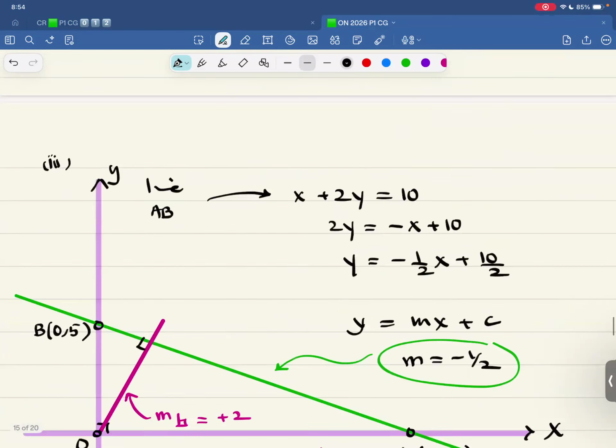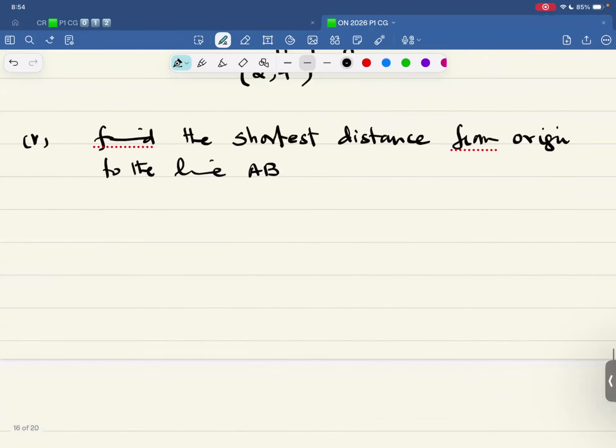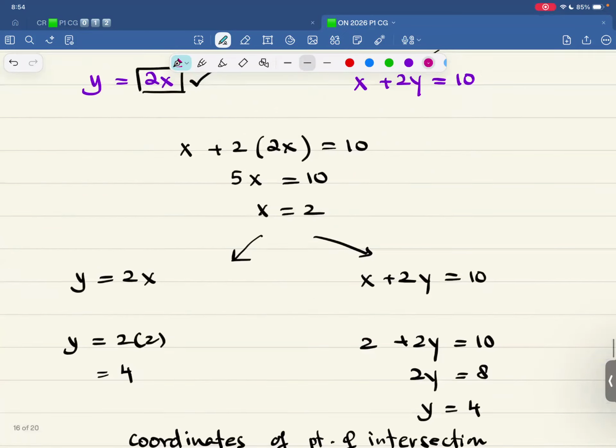So over here, this is O, this is A, this is B, and let's call the intersection C. The shortest distance is the perpendicular distance, which in this case is OC. Got the idea? We have already done the working. If they had asked for part 5 directly, we would have to do all this working.